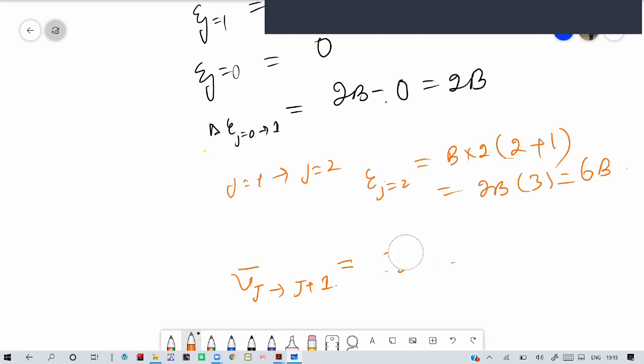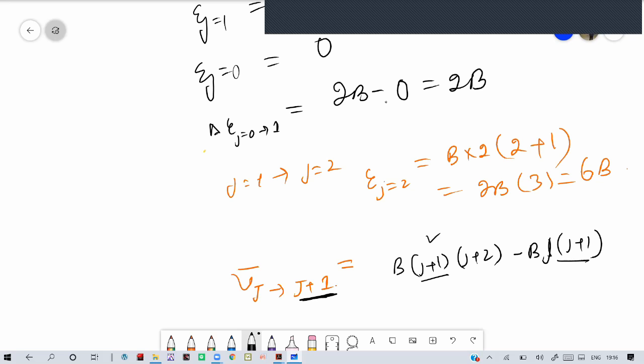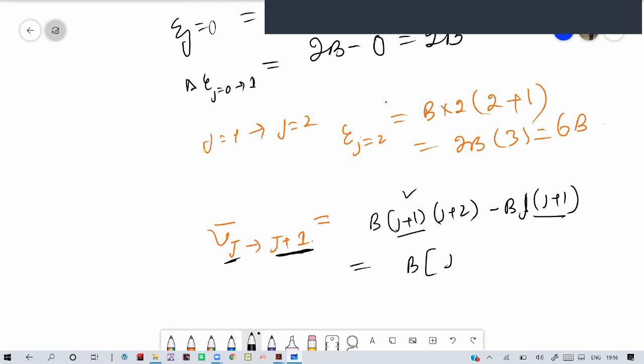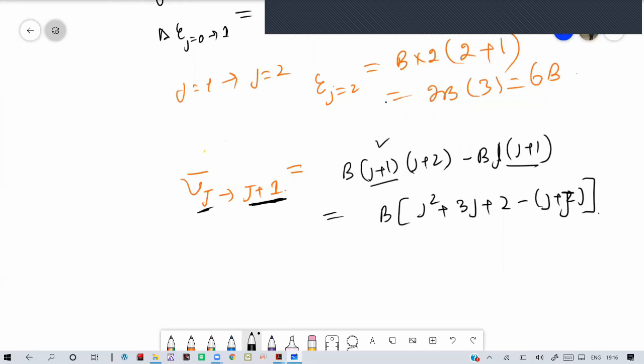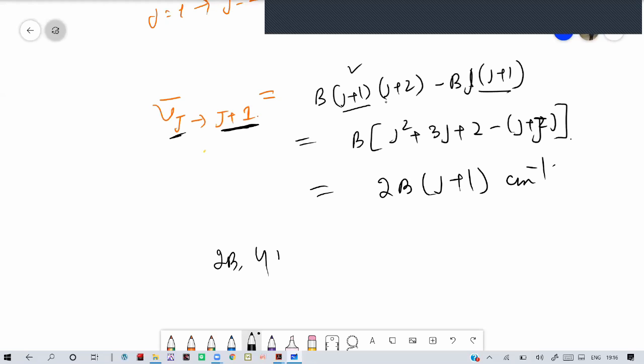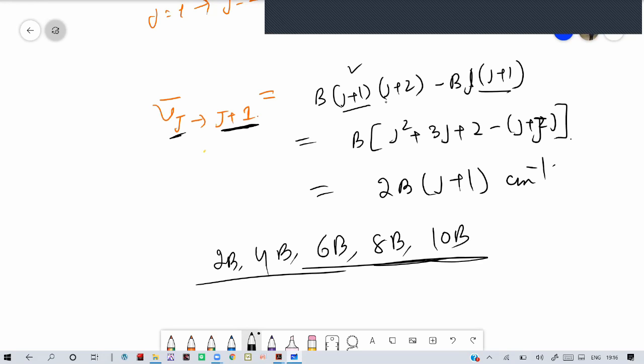We will write it as B (J plus 1)(J plus 2) minus B J (J plus 1), taking the upper level J plus 1 minus the lower one, J. If you solve it, it is B into J square plus 3J plus 2 minus J square plus J, and it is 2B into J plus 1 centimeter inverse. So the step increases are 2B, 4B, 6B, 8B. This is the increase when you change J by 1.